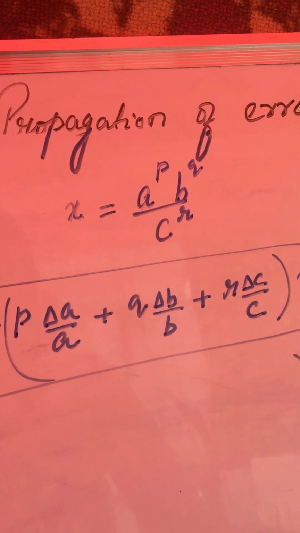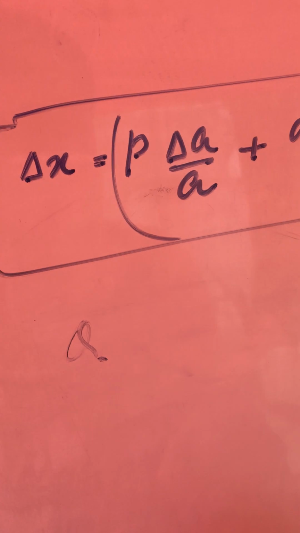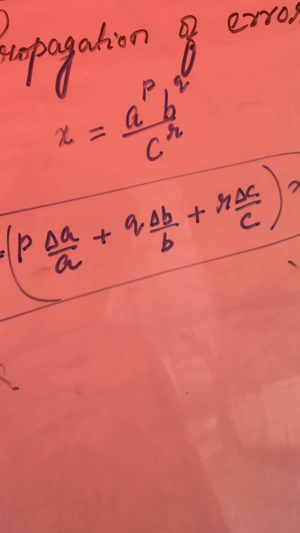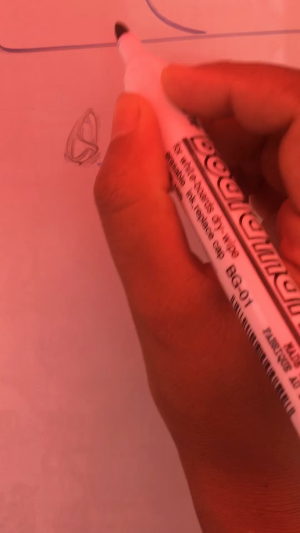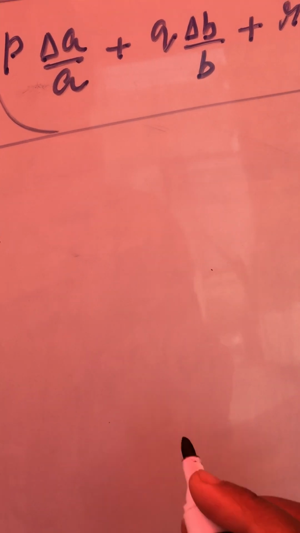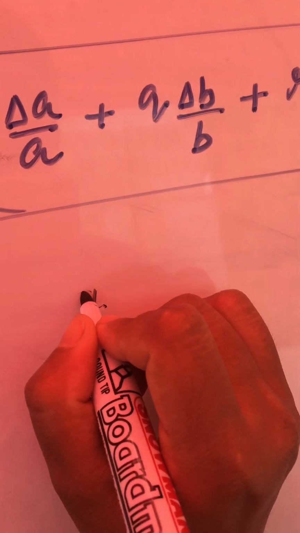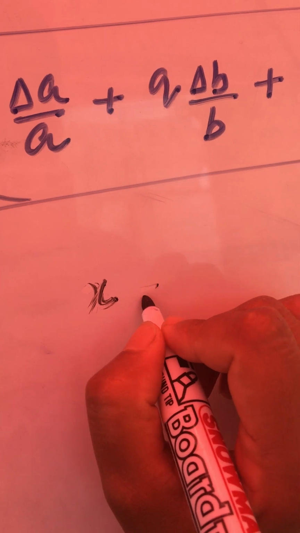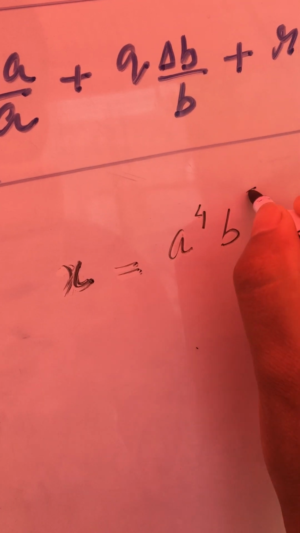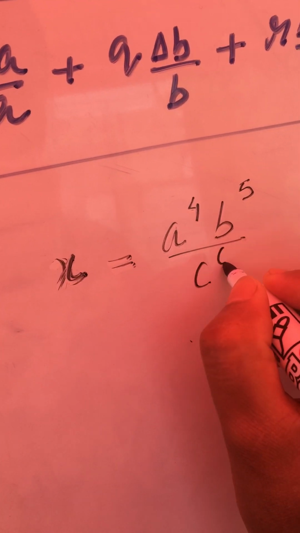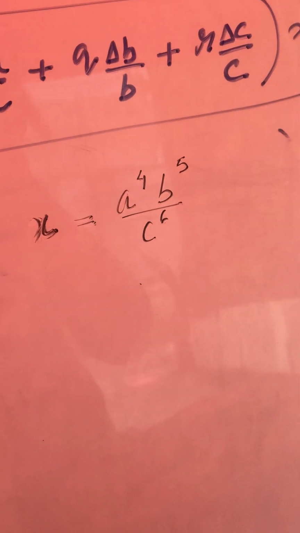The question is, say x is equal to a to the power 4, b to the power 5, c to the power 6. This type of question is very common.